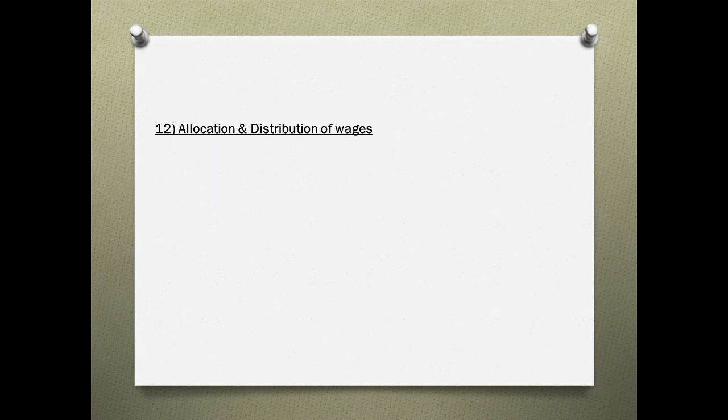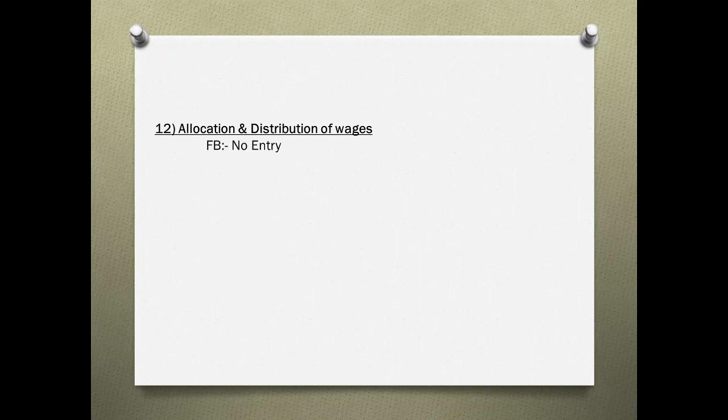Allocation. Now in allocation, it is very important that we bifurcate how much of the wages paid is direct wages and how much is indirect wages. But under financial accounts we don't bifurcate. Wages paid or received, we just check that. Paid, so cash is going out. So under the financial entry for allocation and distribution, again there would be no entry.